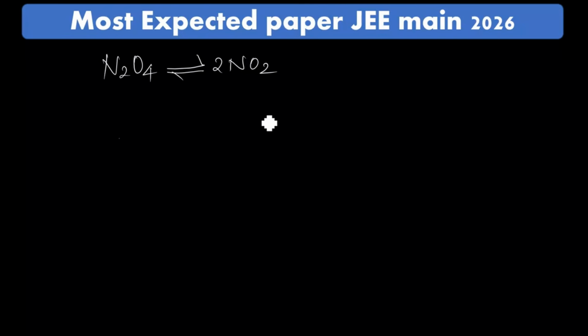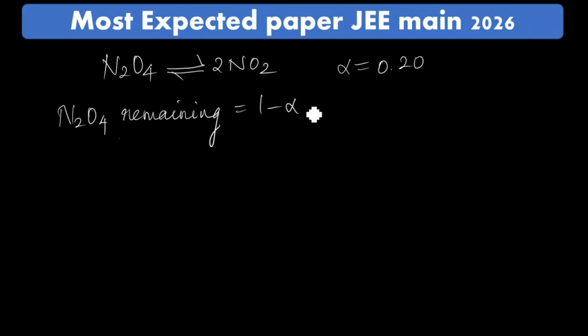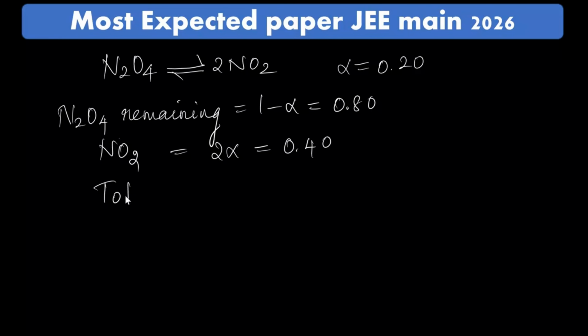Since alpha is 0.20, N2O4 remaining would be 1 minus alpha, which is 0.80. And NO2 formed: 2 NO2 are formed, so 2 into alpha, that is 0.40. So what would be the total moles? Total moles equal to 0.80 plus 0.40, which is 1.20.